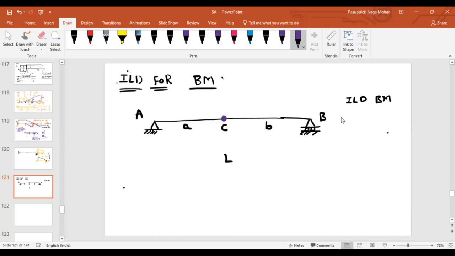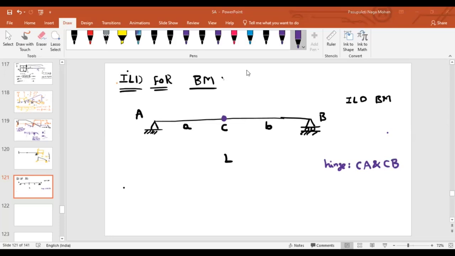And then what you should do? You have to apply a unit rotation. Now, at point C, after placing a hinge, how many members are connected? If I treat point C differently, on the left side is member CA, and on the right side I can talk about CB.